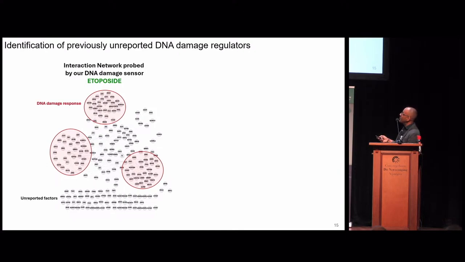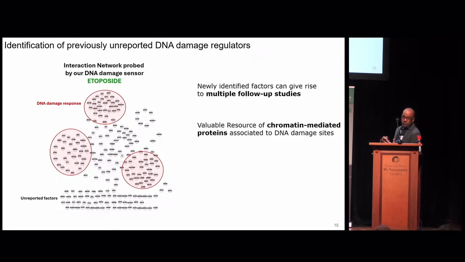But we are really interested in unreported proteins and factors that are still not known to be part of the DNA damage response, so we can further advance our knowledge about these processes. Obviously, this opens up possibilities to identify unreported factors and proteins that can be valuable as resources for the field, mostly connected to chromatin.